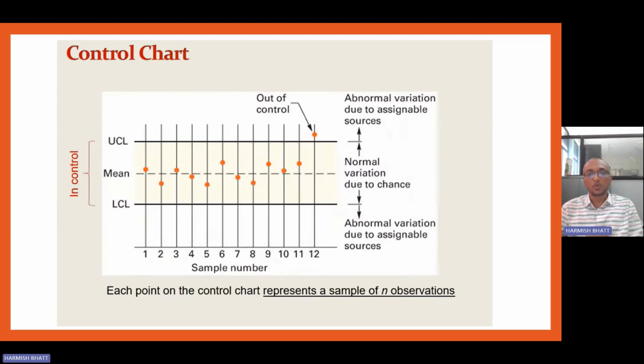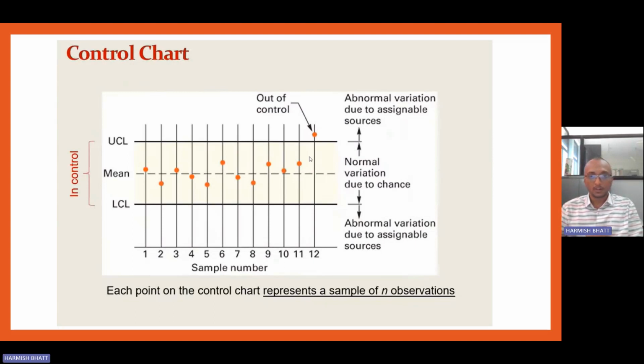If any data point goes outside the UCL or the LCL, then we can consider that the process is not under control and we need some steps to rectify the process. Some corrective steps are required.